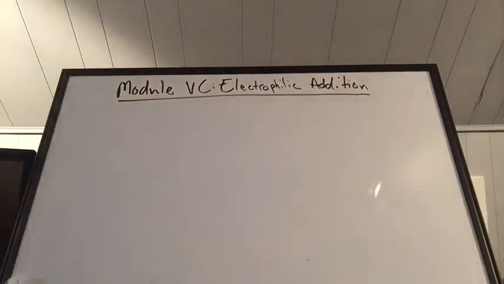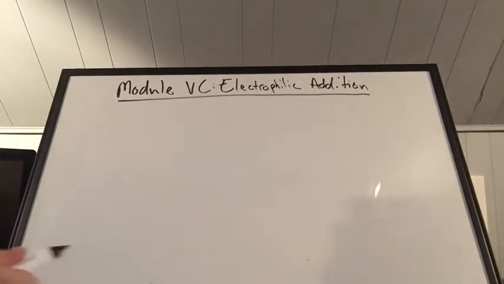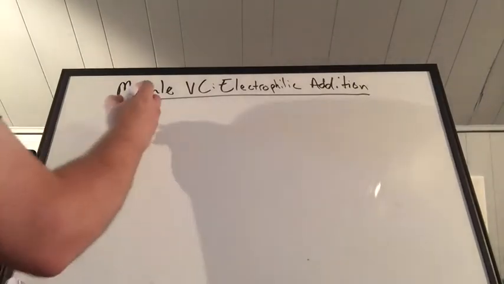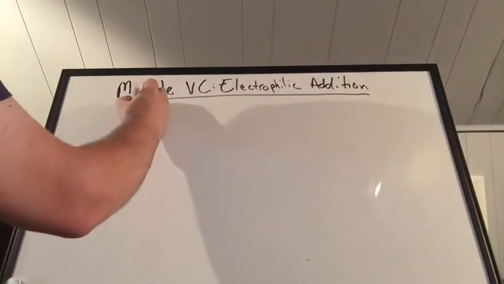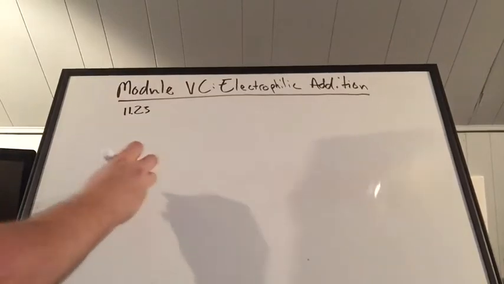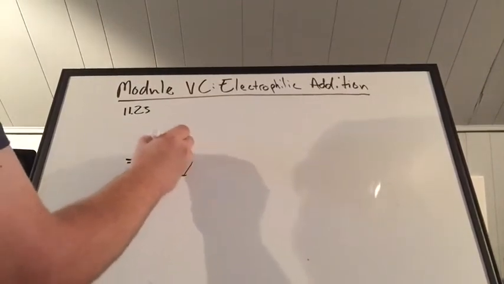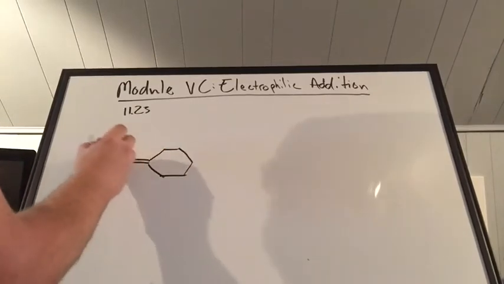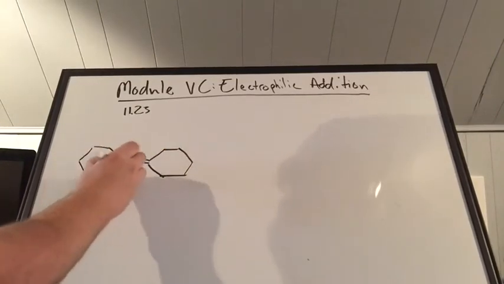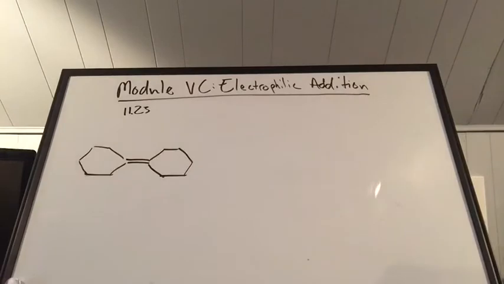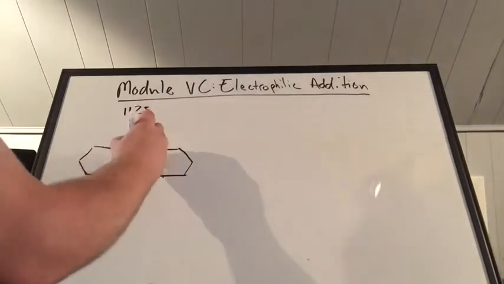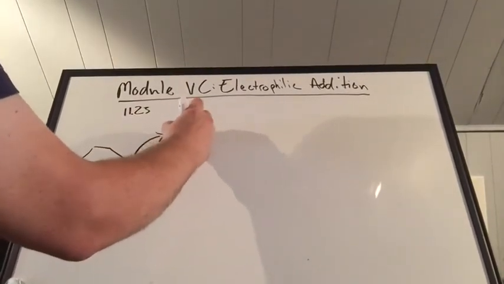carbocation intermediate, right? So if we look at problem 11.23 in your text, we think of, say, tetrasubstituted, which is going to form almost stable carbocation, right?